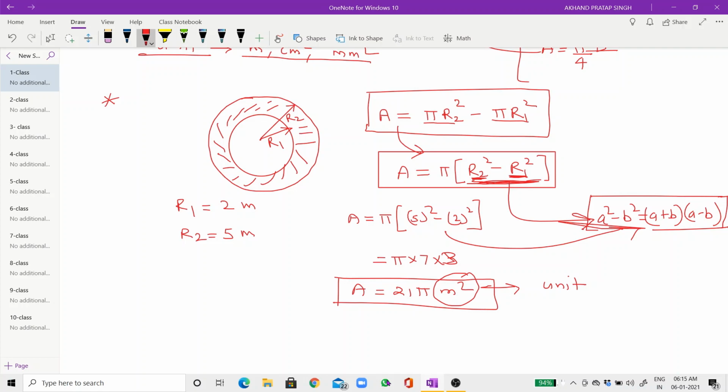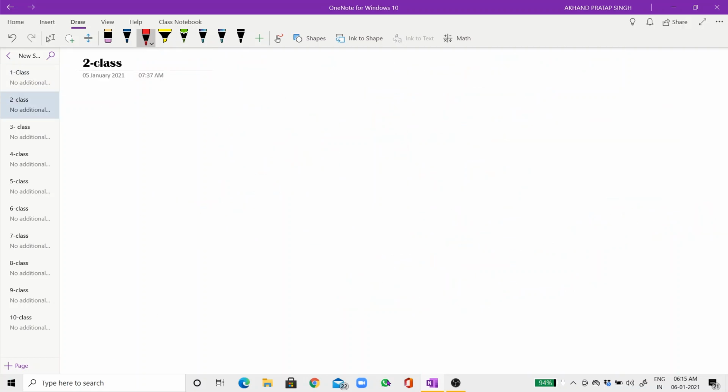Now comes the next concept, which is circumference. But before we discuss circumference, we discuss the semicircle.